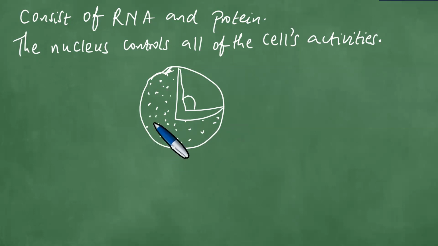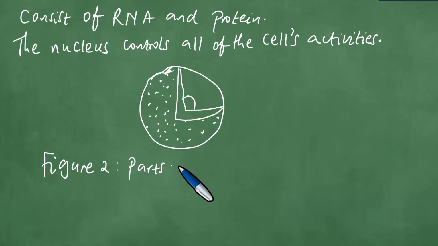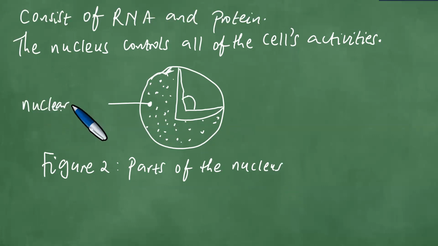What are these little dots that I've just marked on figure 2? Figure 2 shows the parts of the nucleus. What do you call these little dots? They are pores, and we call them the nuclear pores. Each one of them is a nuclear pore.